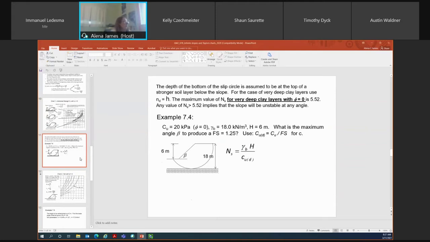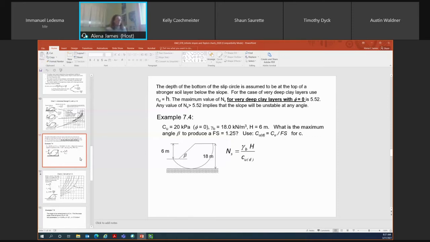So this is the example problem that we worked through. The depth of the bottom of your slip surface is always assumed to be at the top of a stronger layer that's beneath the slope. So that's one of the assumptions of using the Taylor's chart. For the case of very deep clay layers, we always use ND is equal to H. So ND and H would be the same value.